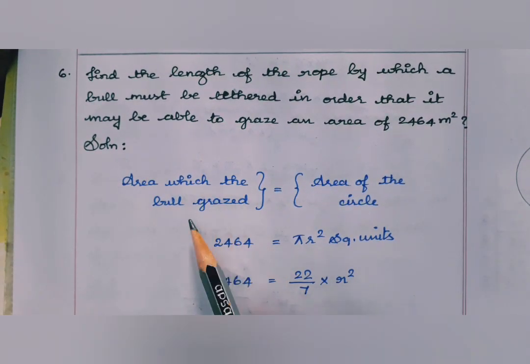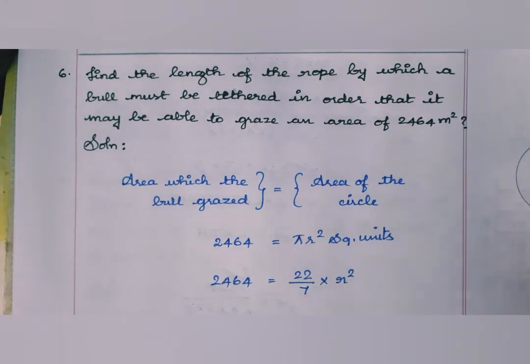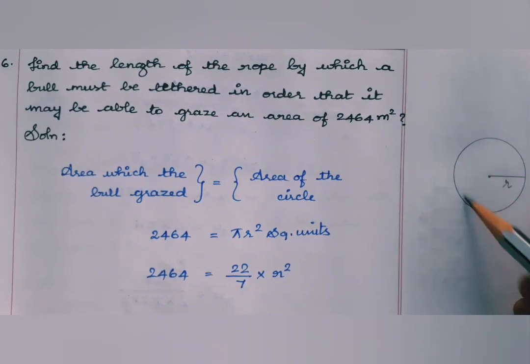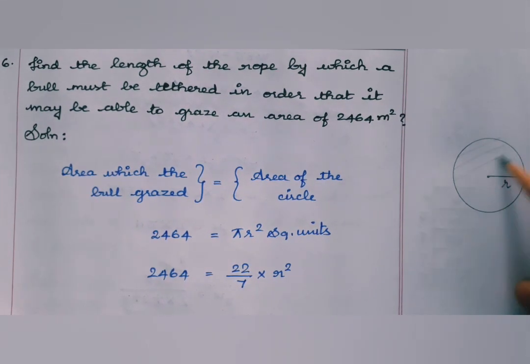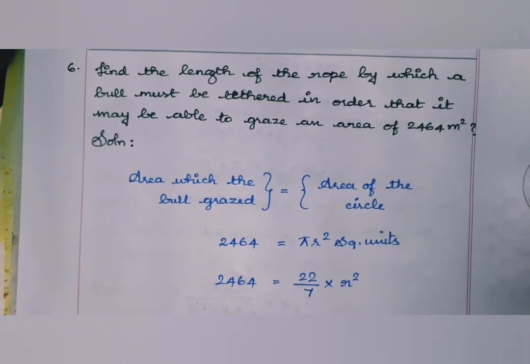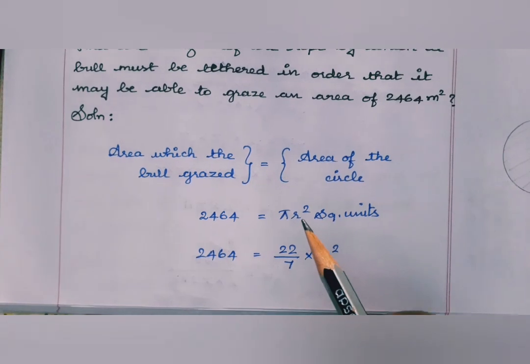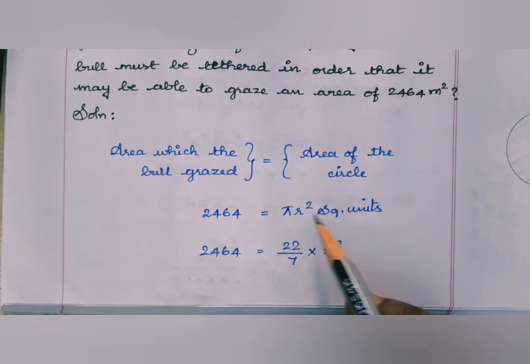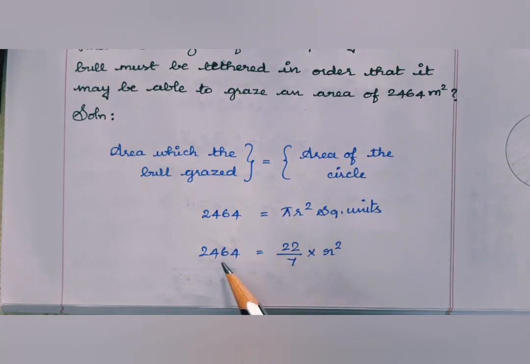Therefore, the area the bull grazed is nothing but the field in the circular shape. So we have to go with the area of the circle. So the area of the circle is 2464, okay? Which is equal to pi r square units.